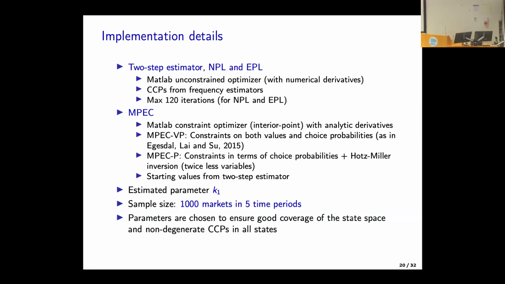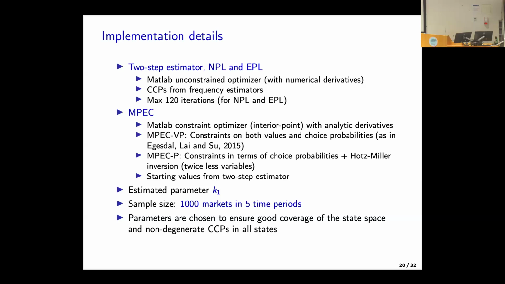So even for MPAC, we will get starting values for the structural parameters and also for the conditional choice probabilities based on predictions from these CCP two-step estimators.